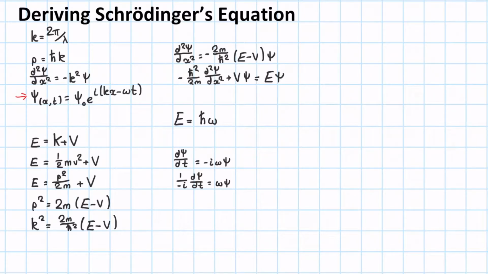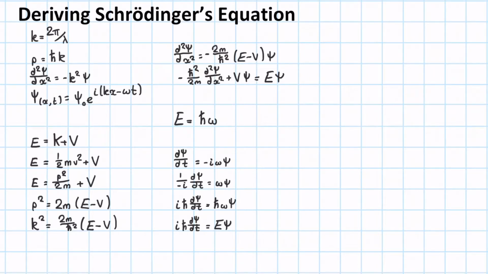And with a little bit of simplifying of the 1 over minus i expression, which is itself equal to i, we get that i h bar d phi by dt is equal to h bar omega phi. But we already have an expression for h bar omega. We know that this is equal to the energy of the particle. So we can rewrite this in the following form. i h bar d phi by dt is equal to E phi.